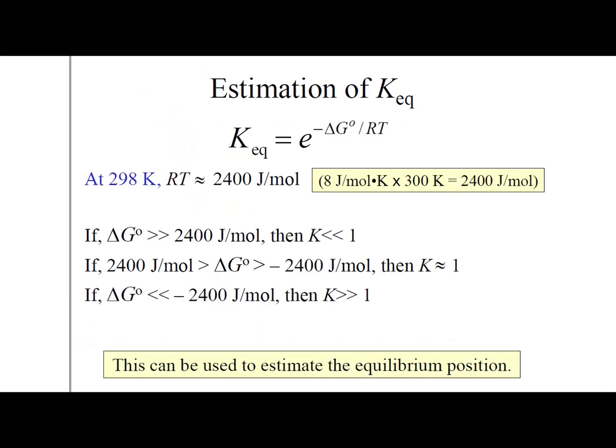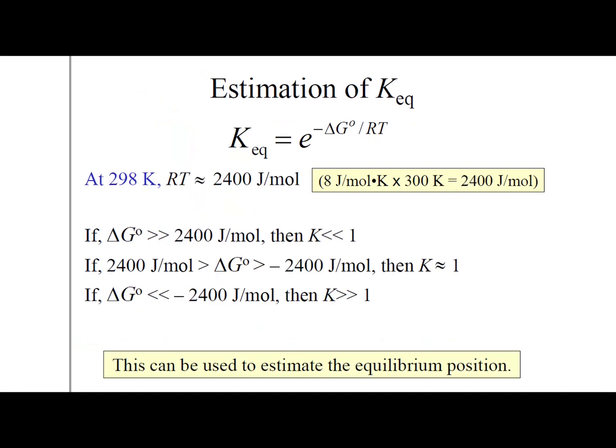So basically, if we want to estimate KEQ, if delta G is positive, the system will contain mostly reactants. The College Board curriculum said that you need to know how to use an equation like this in the multiple choice section of the exam, where you don't have a calculator.